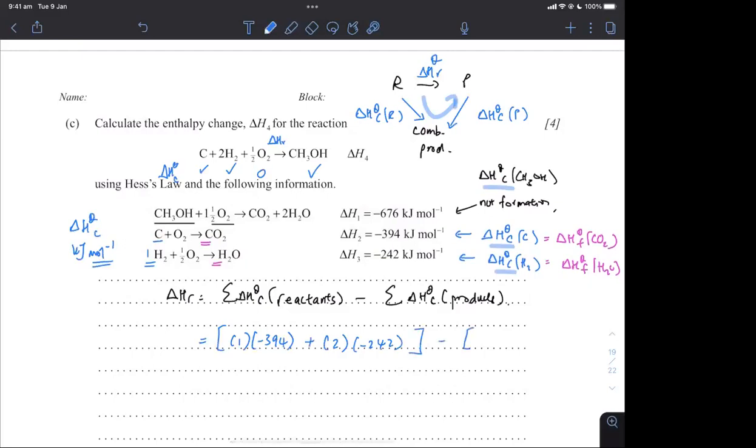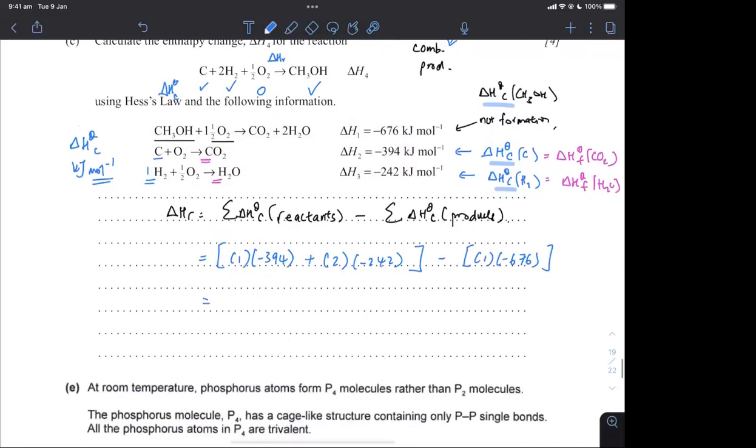Do not try to use things like bond energy, because I know students are desperate. They look at the data booklet and think, oh, the data booklet has a value, it might be nice to use it. But what kind of information are you using? Be very careful. Use brackets so that you are not easily confused. If you are easily tricked, that becomes a problem in the real exam.